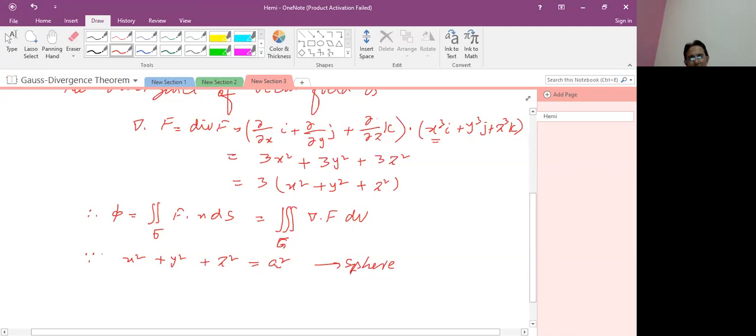So here, before finding the integral value on the right hand side, we will convert into spherical coordinates. So what is x, in which x squared plus y squared plus z squared equals rho squared.